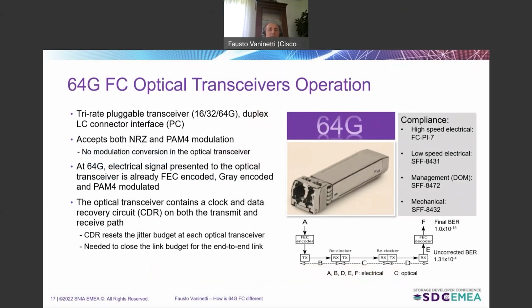64 gig fiber channel transceivers are tri-rate: 64 gig, 32 gig, and 16 gig. They clearly accept both NRZ and PAM4 modulation because PAM4 is only used at 64 gig. For the other 2 bit rates, you need NRZ.